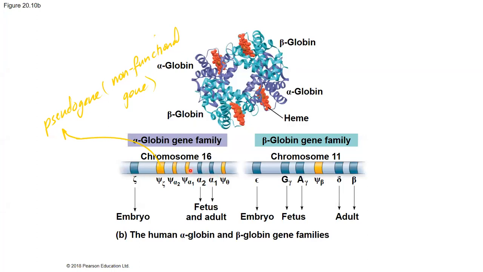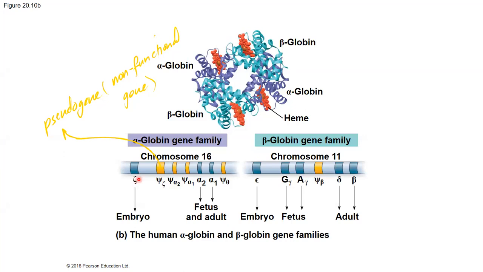As you can see, we have 7 genes. 4 of these genes are pseudogenes, but they also have other genes, like alpha 1 and alpha 2. And we also have zeta genes.